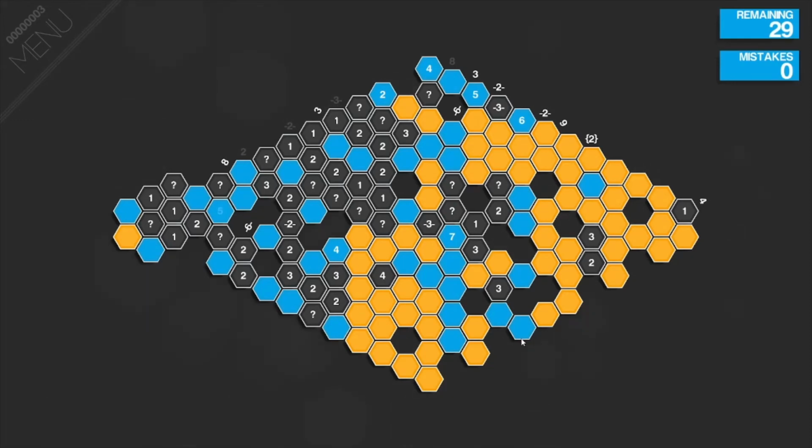Alright, so I'm going to open up my handy dandy drawing tool again. Now, let's take a look at this 3 with the dashes. So we know that there has to be a bomb in either this square, this hex, or this hex. Now, let's actually say that this cell was not a bomb.